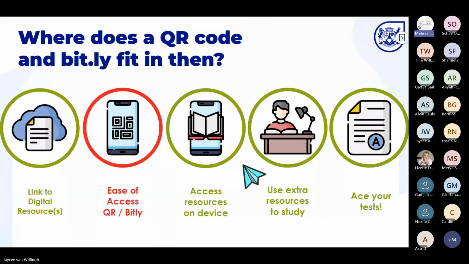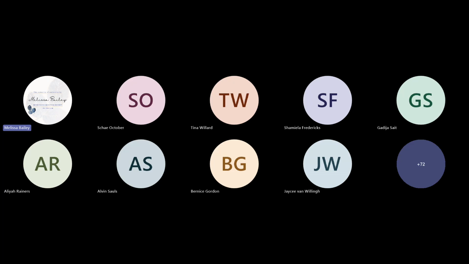Okay. So my favorite link shortener is actually something that we shouldn't be promoting at the moment, but it is Bitly. So I am going to show that to you right now. And if you are able to work along with Miss Bailey, because it is really cool.